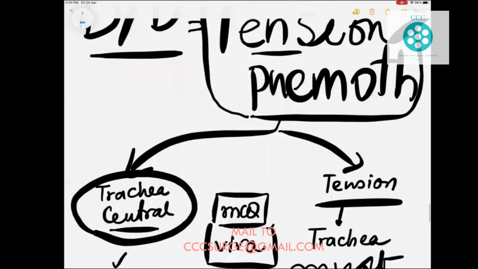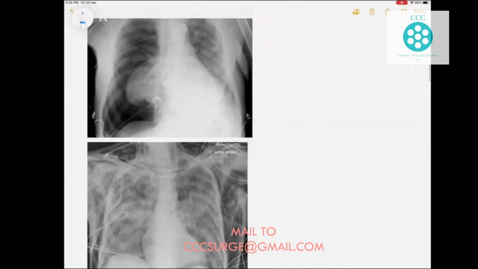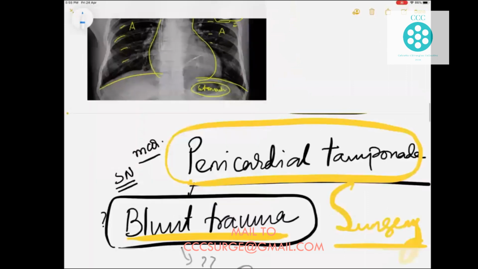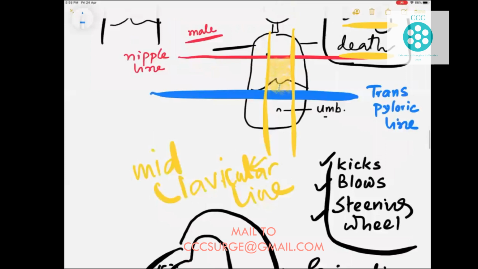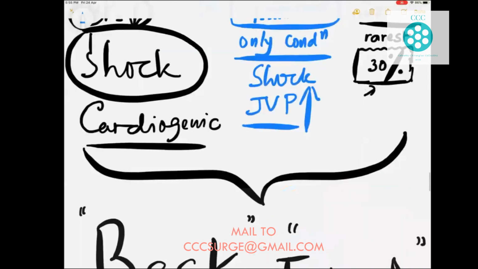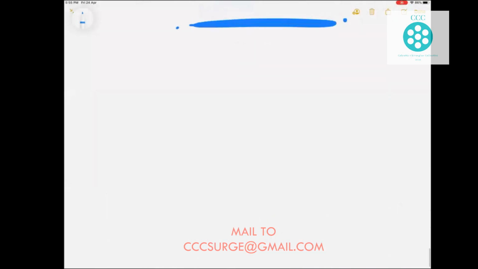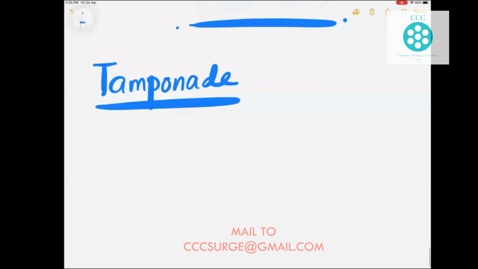Can you go back to the amount, because there's a question: the difference between a hemopericardium and a pericardial tamponade. Good one. The word tamponade comes from the French word, which for us in India, the basic simple thing is dhakka dhakki, or a compression.